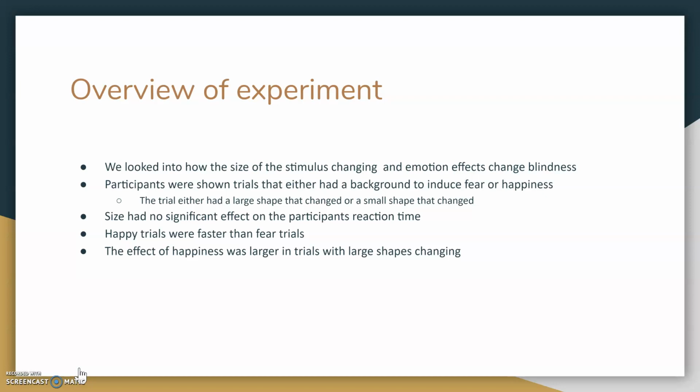Participants would obviously only be shown one at a time. So once again, size had no significant effect on the participants' reaction time. However, happy trials were faster than fear trials, and the happiness effect was larger in trials with large shapes changing compared to trials with small shapes changing.